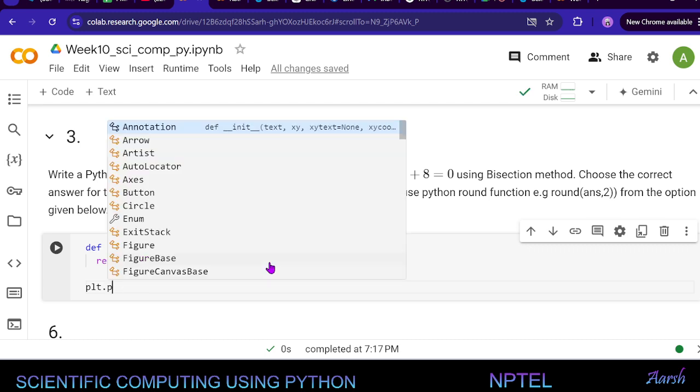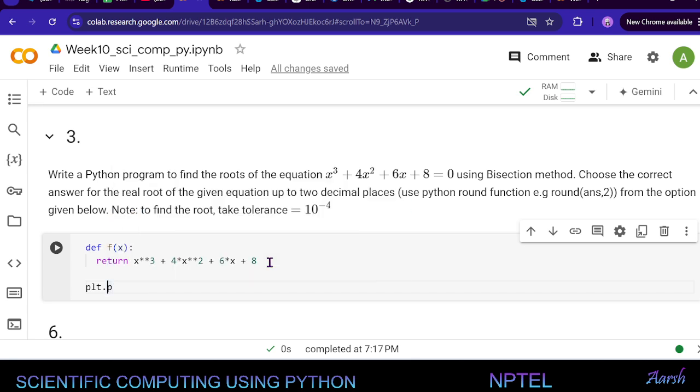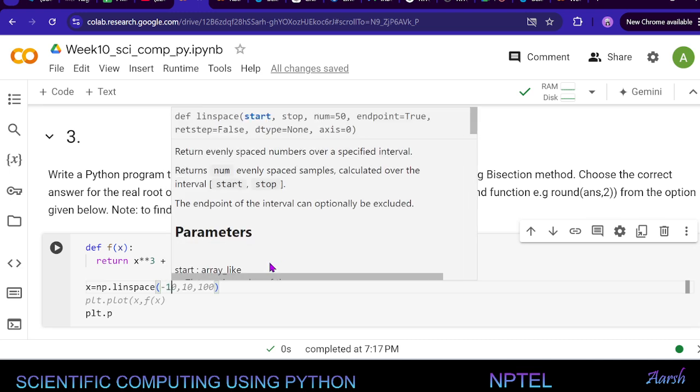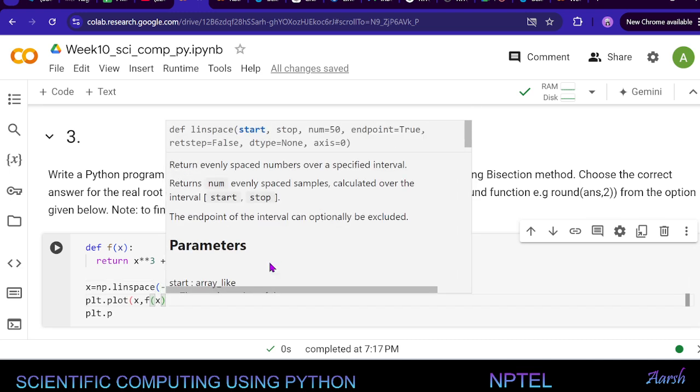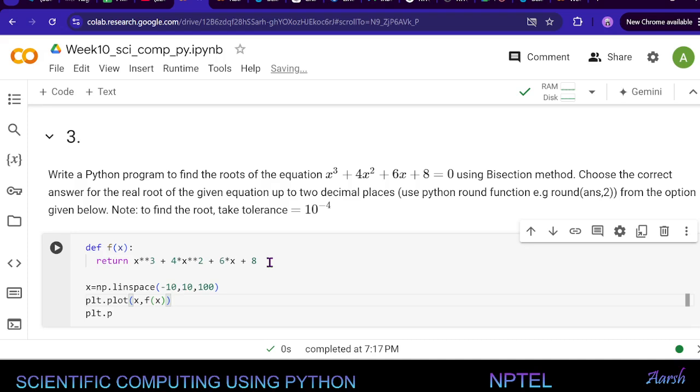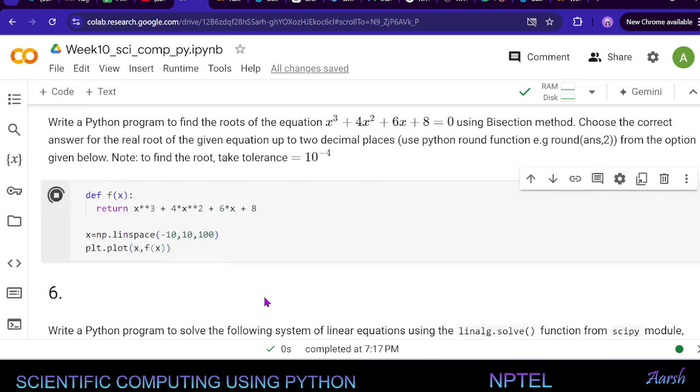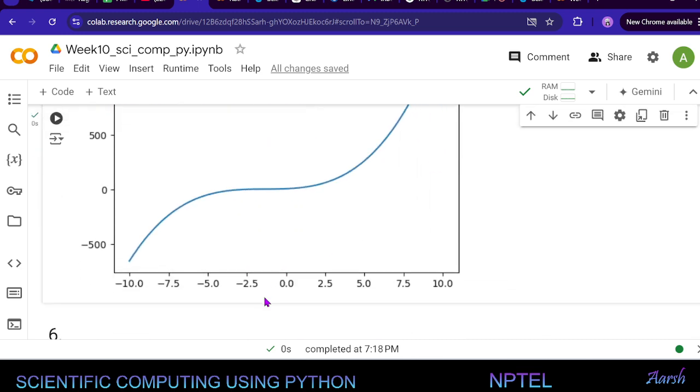So we have to plot. On the x-axis we give some np dot linspace, I don't know, minus 10 to 10. It gives minus 10 to 10 with 100 points. And then plot x and f of x, just to find where 0 is, the range.